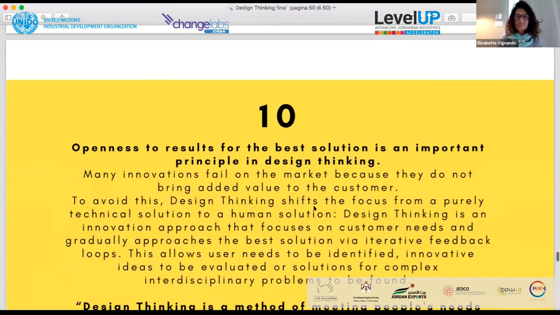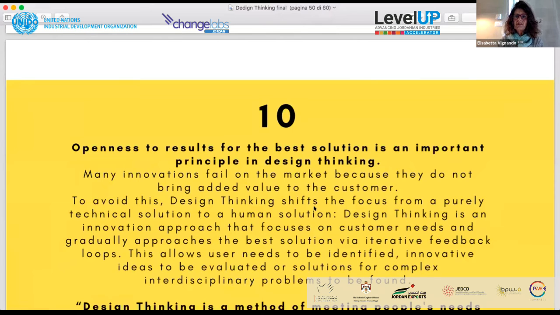Point 10, openness to results for the best solution is an important principle in design thinking. Many innovations fail on the market because they do not bring added value to the customer. To avoid this, design thinking shifts the focus from a purely technical solution to a human solution.